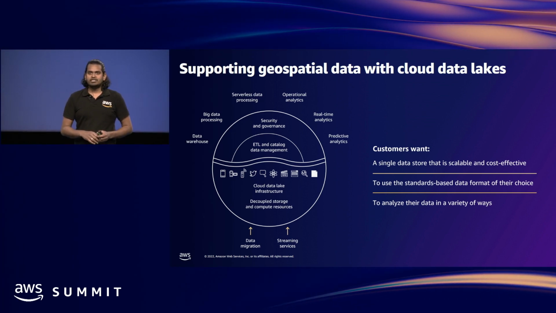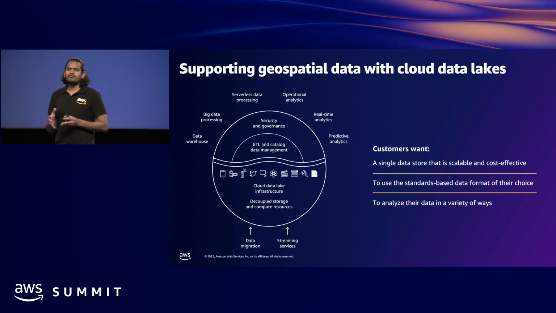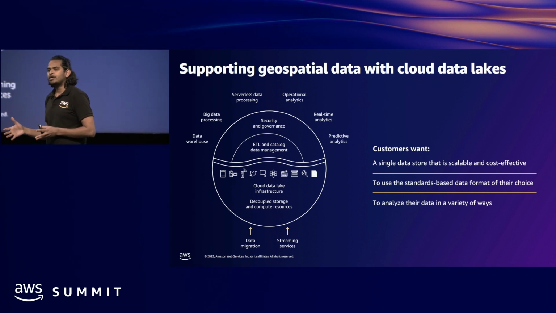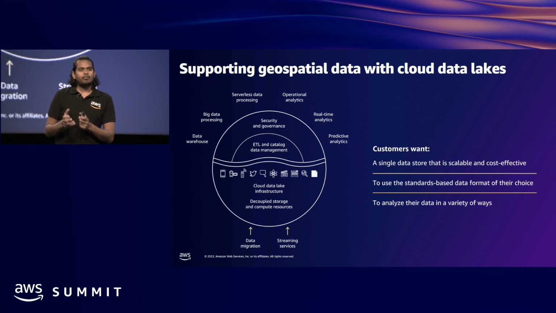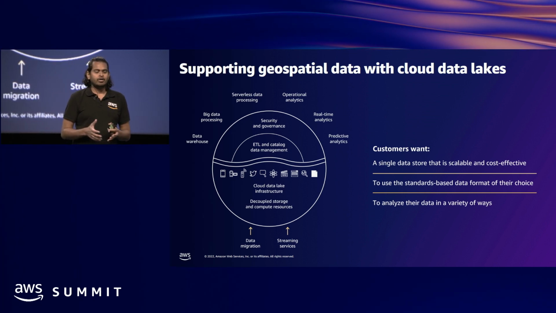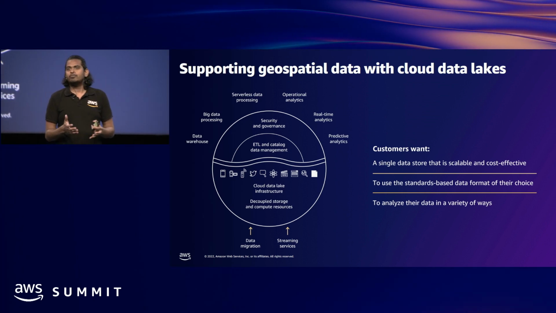Secondly, services like Amazon S3, which really form the foundation of your cloud data lake, allow you to decouple storage and compute, which is impossible doing it on premises, right?